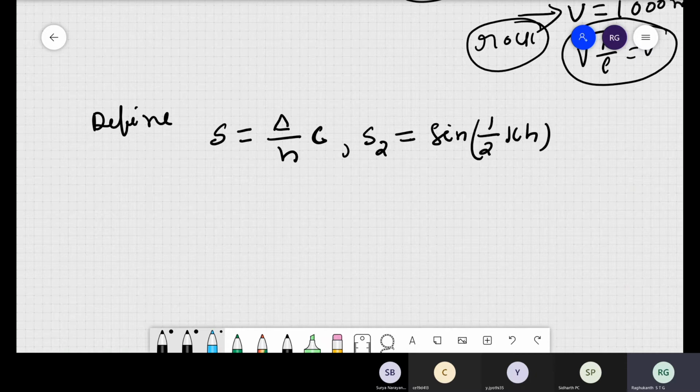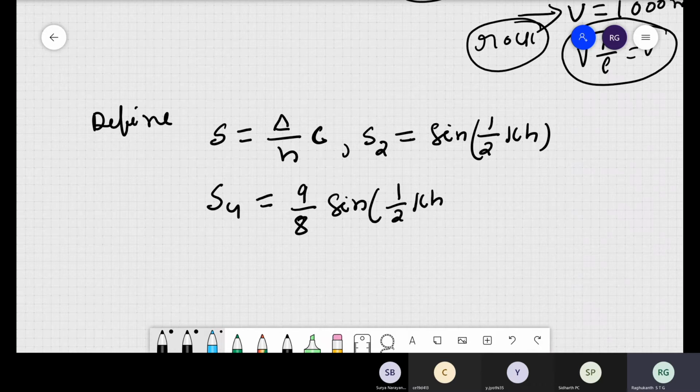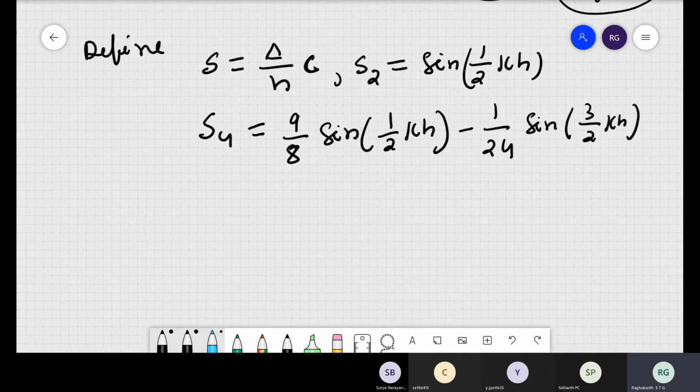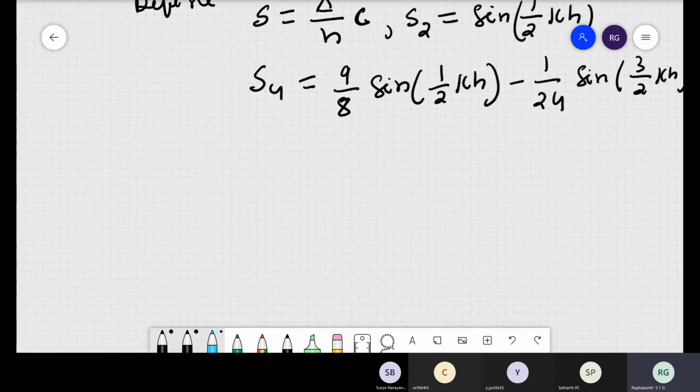Then we define s4, that is 9 by 8 sine half kh minus 1 by 24 sine 3 by 2 kh. So this is s4. If I define all these terms like this, S1, S2 and so on, now we can look at the stability of the schemes.